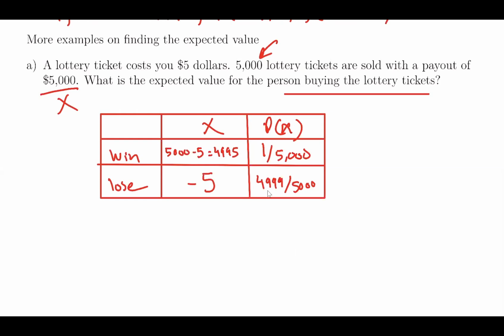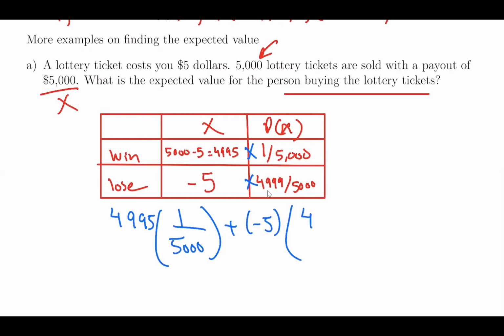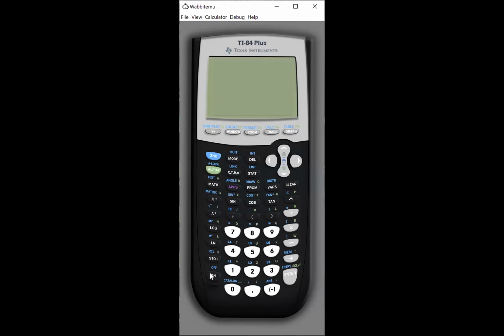All right, so remember, in order to find the mean, we use the multiplication rule. So multiply: 4,995 multiplied by 1 divided by 5,000, and then you add it to -5 times 4,999 divided by 5,000. Let me go ahead and transfer over to my handy TI-84 and do that.